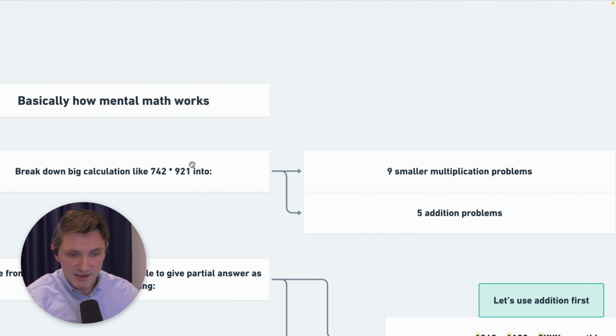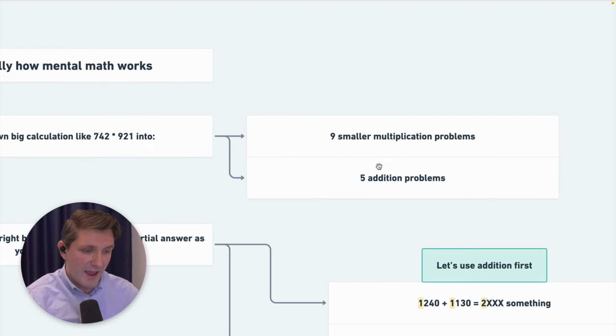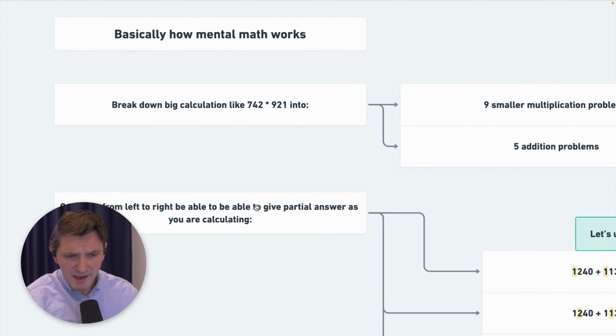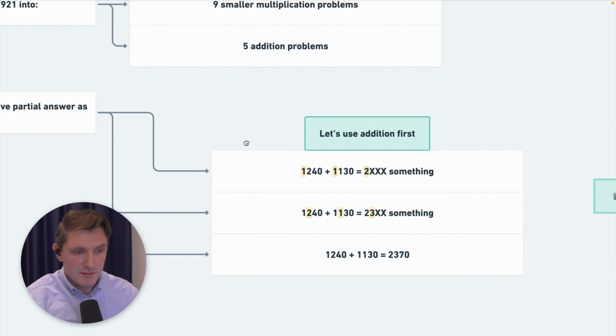And in this case, to be able to do 3-digit numbers, you have to do 9 smaller multiplication problems and 5 addition problems, to solve this much bigger problem. In addition to that, you also need to be able to calculate from left to right. The reason for that is that you can give a partial answer as you're calculating. I will explain how it works.